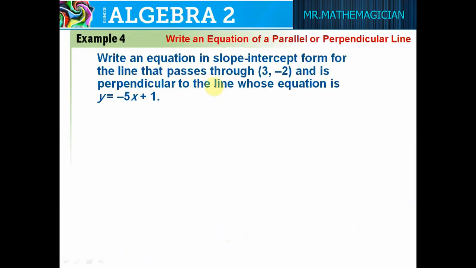Now, write an equation in slope-intercept form for the line that passes through (3, -2). You are given a point, and the line is perpendicular to the line whose equation is y equals negative 5x plus 1.